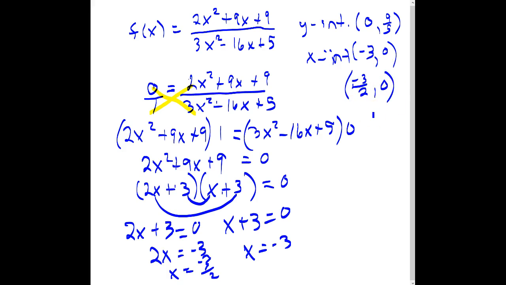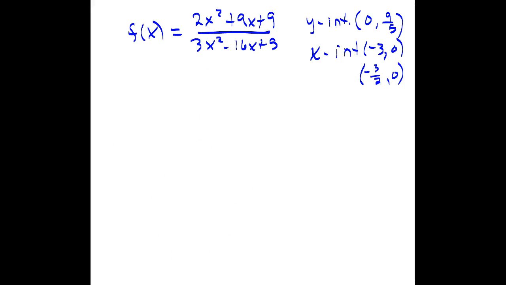All right, so the last thing is finding the vertical asymptotes. So let's look at that. Let me see if I can clear my page here. Now that I have some more room, so we found our y-intercept, we found our x-intercept. Now we want to find our vertical asymptotes.